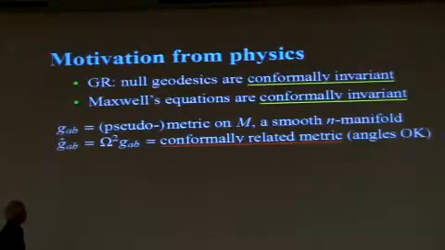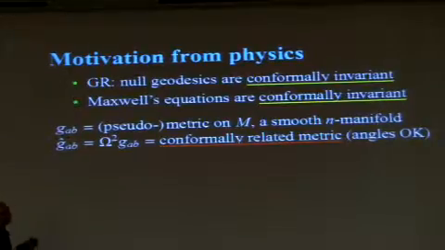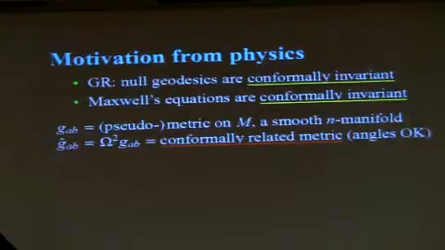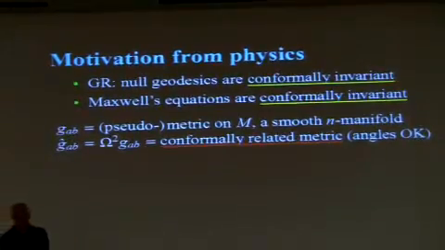A conformal manifold is one where you've got not really just the metric, but a class of metrics. And the metrics are related in this way: this one here is in the same conformal class as this one if and only if it's a scalar multiple. It's a positive function, and I choose to write it as the square of a smooth function.